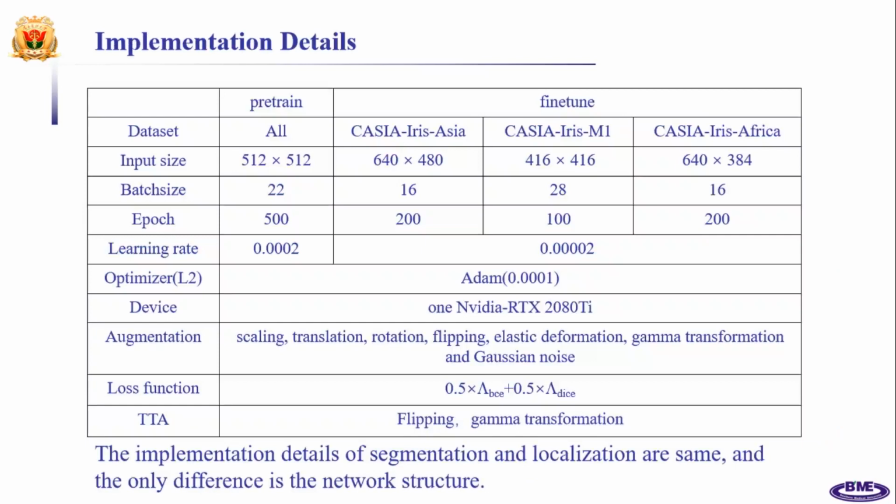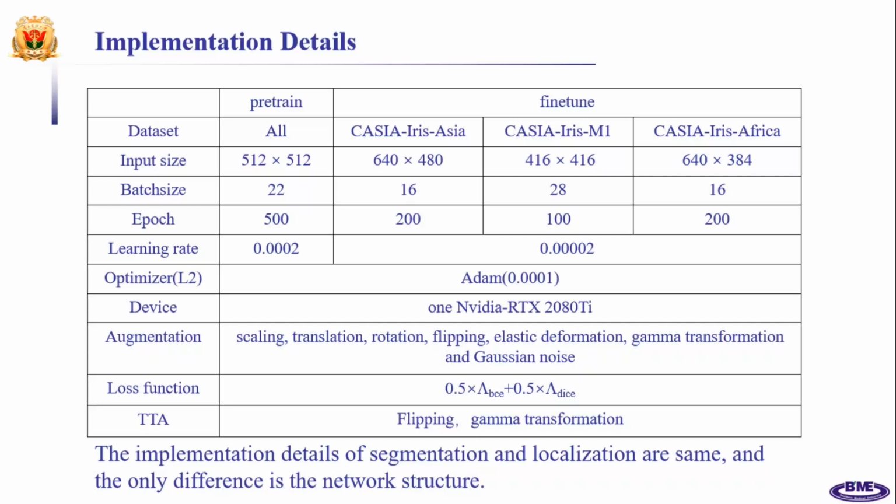Our implementation details are shown in the table. We set different input size, batch size, and epochs for different datasets. The fine-tuning process uses a small learning rate. We use a lot of data augmentation and BCE and dice loss as the loss function.